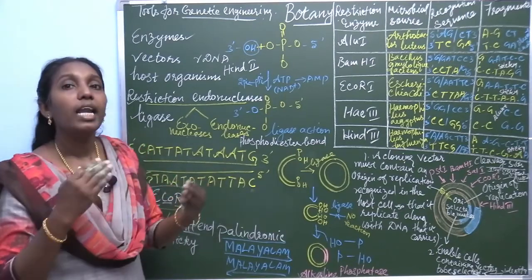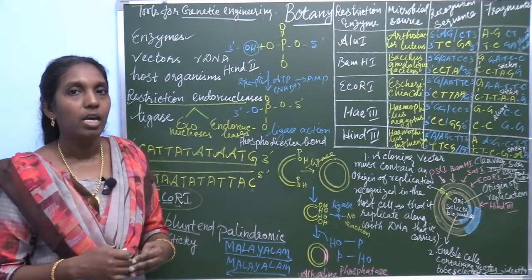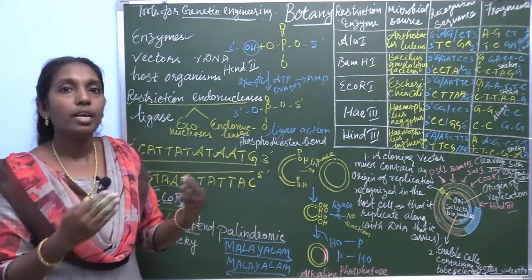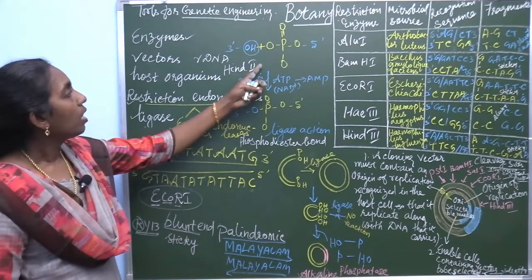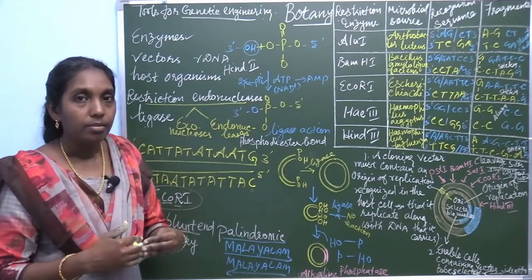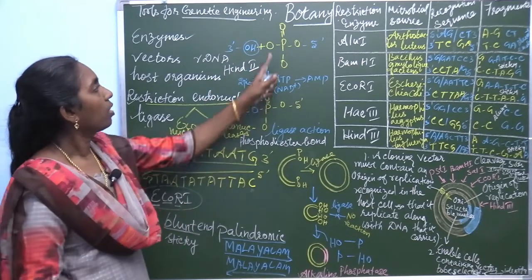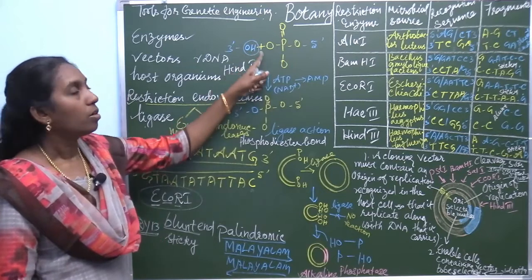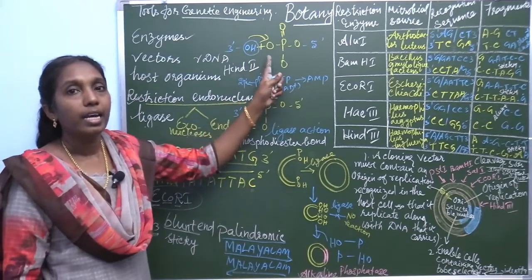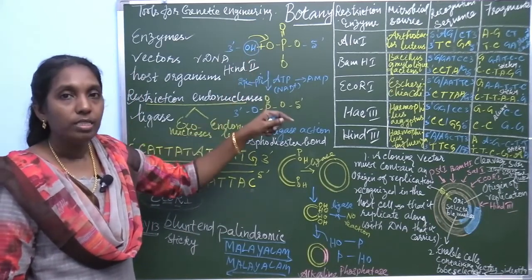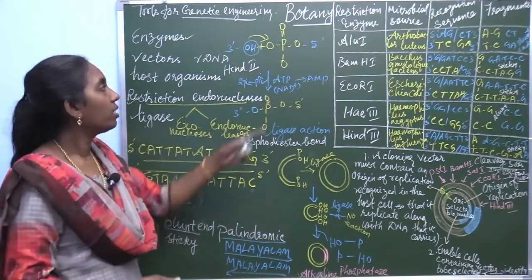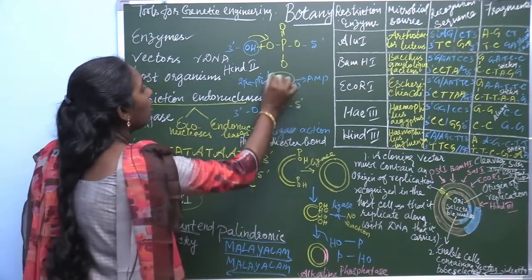Now, ligase. What's the use of ligase enzyme? You know that ligase enzyme joins the sugar and phosphate group. Look at this. Here the sugar and phosphate group, PO4 and OH. So it joins this region in the phosphodiester bond with the presence of ATP. So there are some cofactors involved in this joining, either ATP or NAD+.